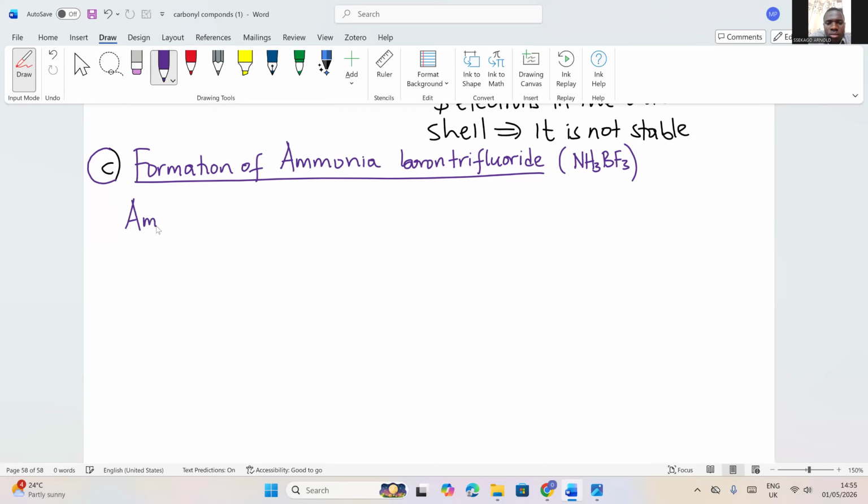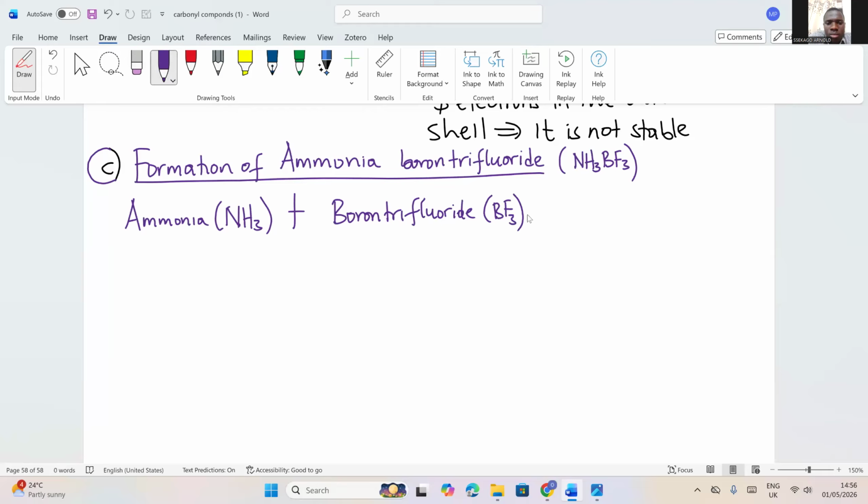So that compound, ammonia boron trifluoride, comes from ammonia, NH3, plus boron trifluoride. What is boron trifluoride? Boron trifluoride is BF3.